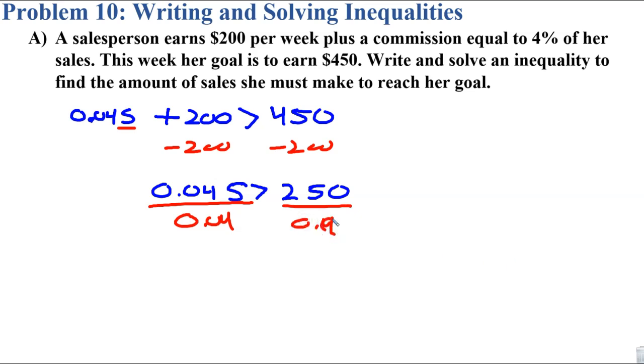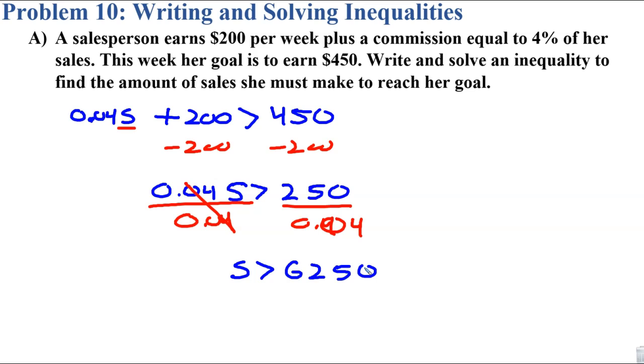Whoops, 0.04. I wrote it right here, said it wrong. They'll cancel out on the left, leaving us with S is greater than that number of sales. And if I take 250 and divide it by 0.04, I end up with 6,250.